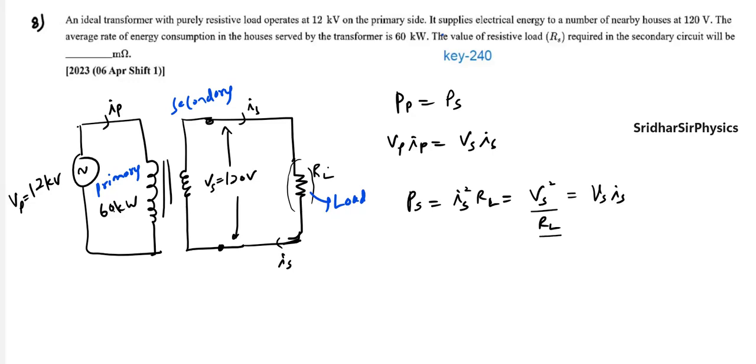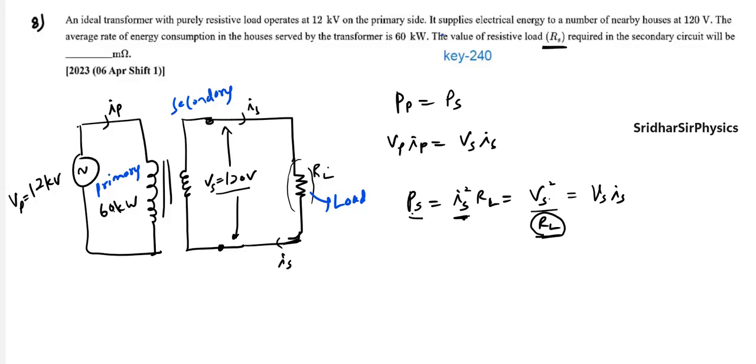What do we need? RL. See, you can also find out IS, but I think this will become lengthy. You have to be alert here. What is the unknown thing? It is asking about the resistive load. What information do you have here? We know the secondary voltage is 120 volt, and the secondary power we know.